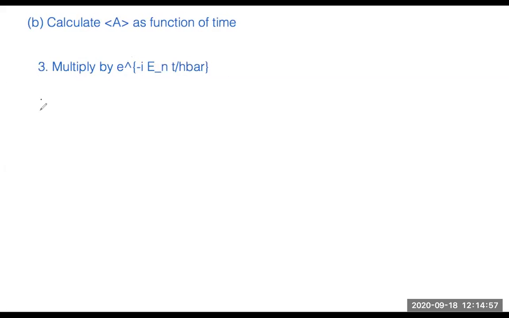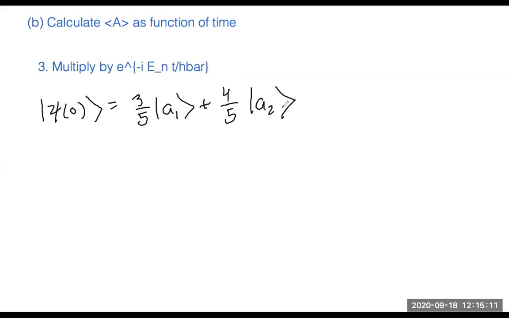Remember that psi of 0 is equal to 3/5 A1 plus 4/5 A2. Now, there's another way of writing this, which is to write this in terms of the energy eigenstates.